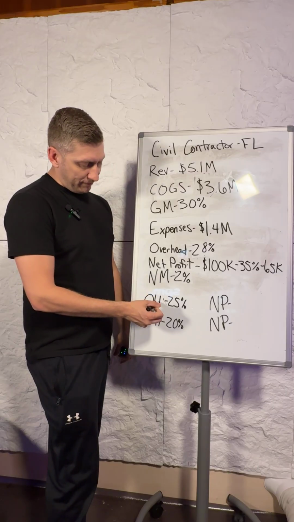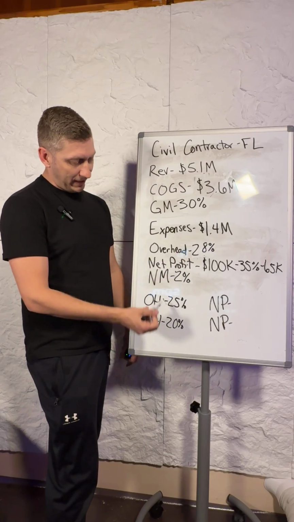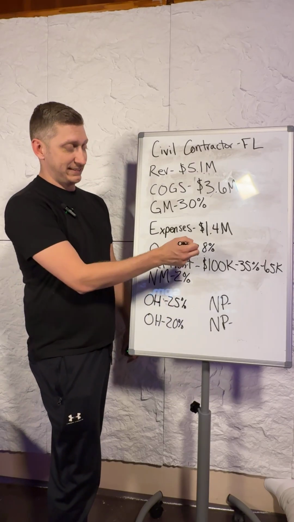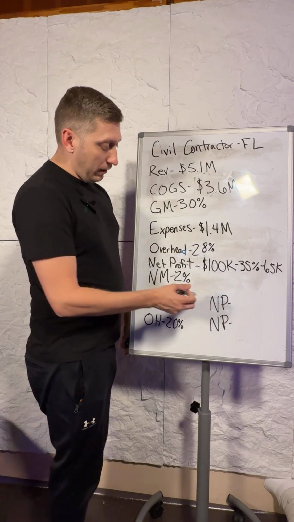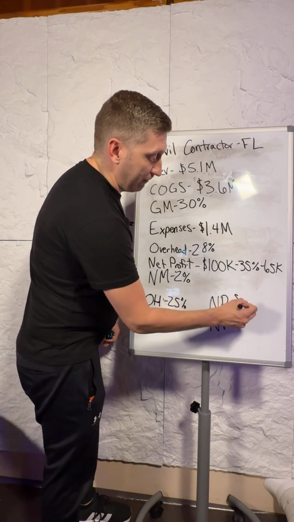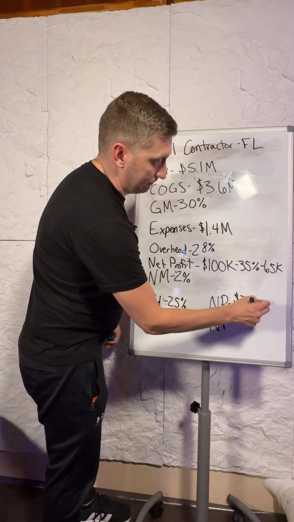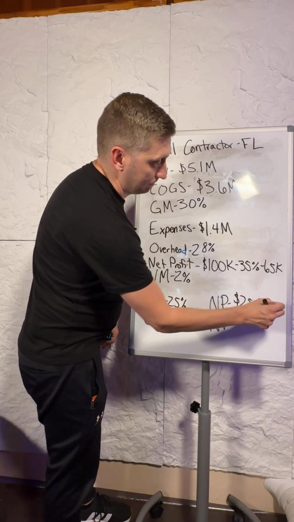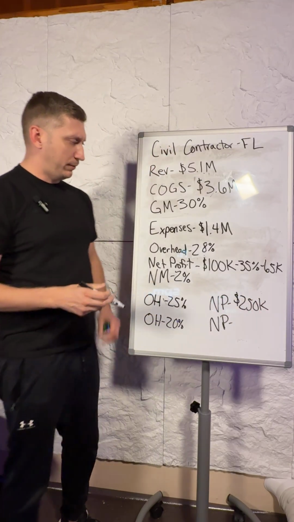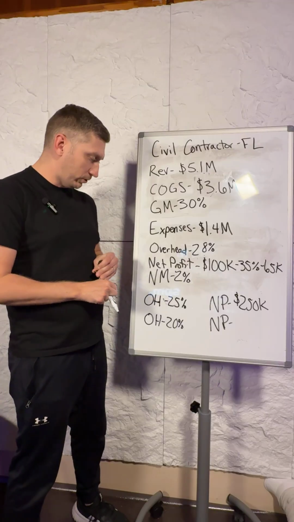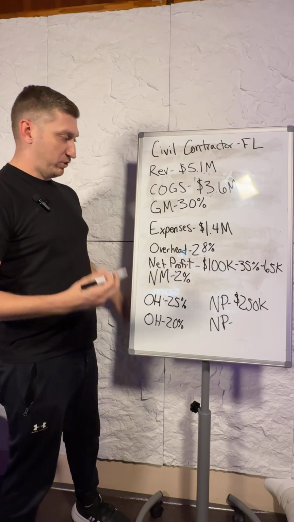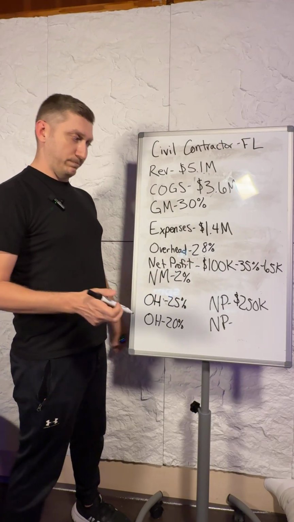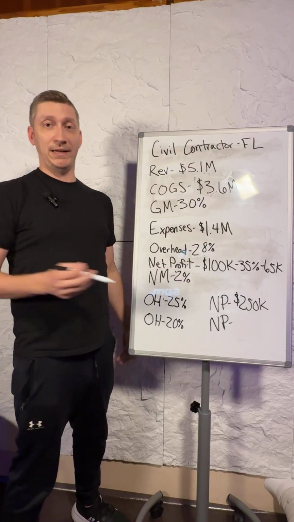So we're going to simulate. If I took this example and I reduced my overhead to 25% instead of 28%, I'm actually going to be at $250,000. Now that's more worth it. I mean, I'm not asking for the world, right? We're not asking for 28 to become 13, albeit that would be quite a bit of money, and we'd be happy with that.